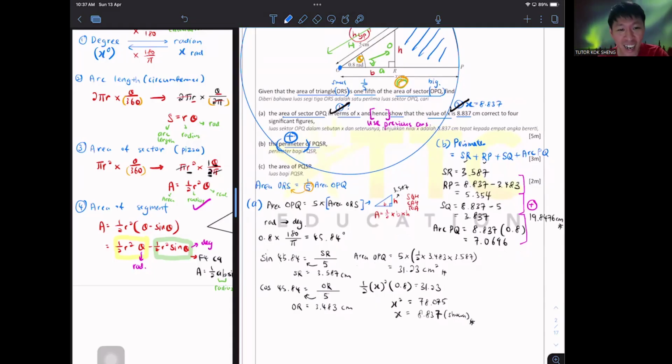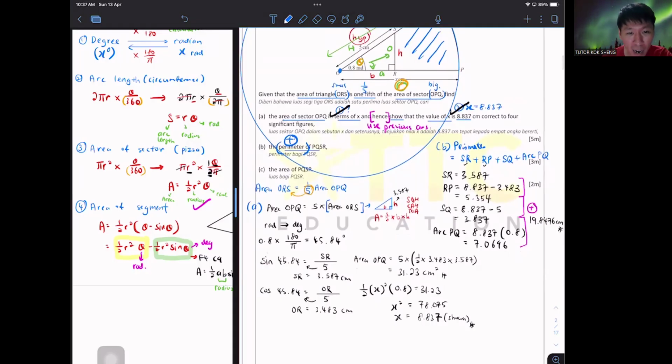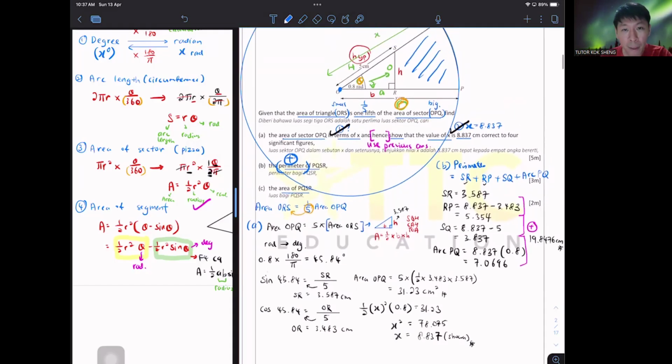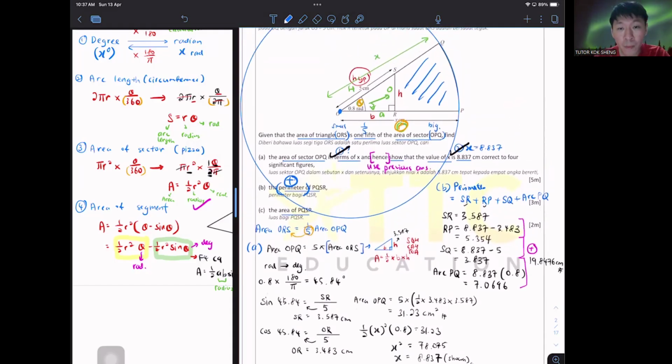Okay, good. Last one, the C. Area of PQRS again. Same part, this part here again. So for the PQRS, you can see that this part we cannot call it a sector, right? It's not a slice of pizza. There's no name for this shape here. So to find the area, we have to do big minus small.